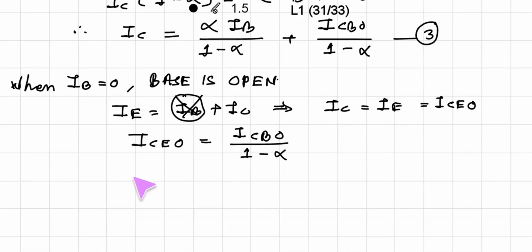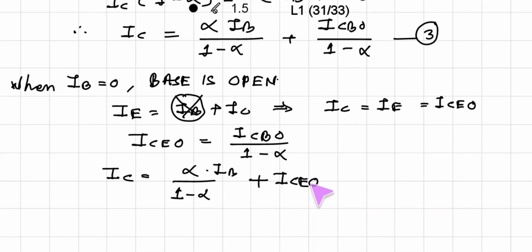So we get IC is equal to alpha upon 1 minus alpha into IB plus this term, which is now equal to ICEO, or we can say IC is equal to beta times IB plus ICEO, because this is now beta times IB.